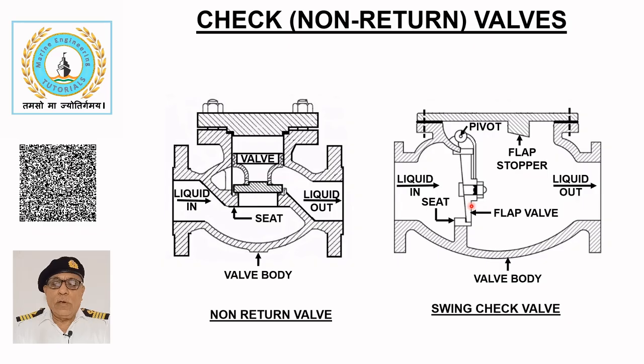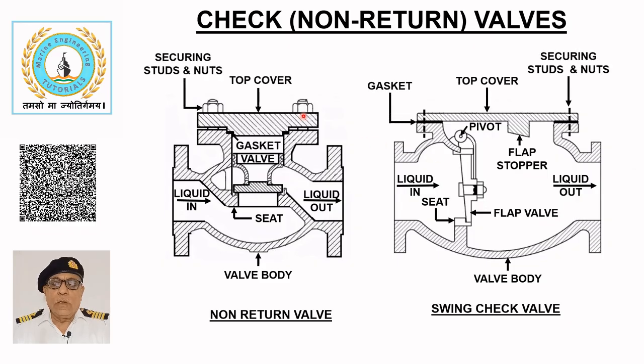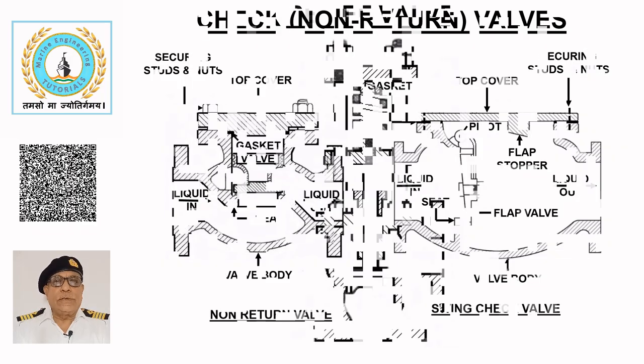A stopper limits maximum valve opening. The top cover is provided for inspection and repair, secured by studs and nuts. A gasket is fitted between the mating surfaces to ensure a tight seal and prevent leakage.